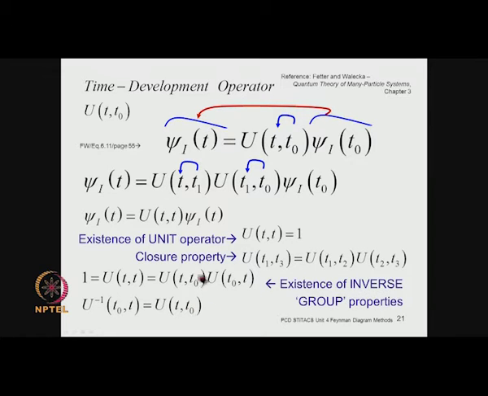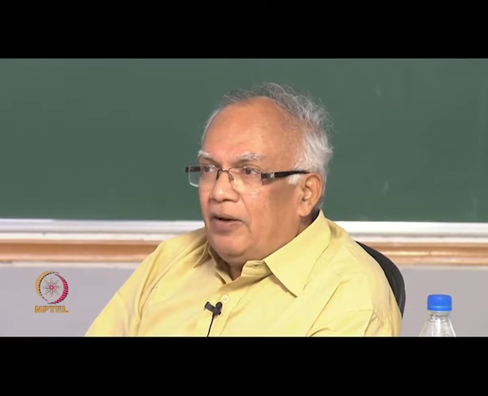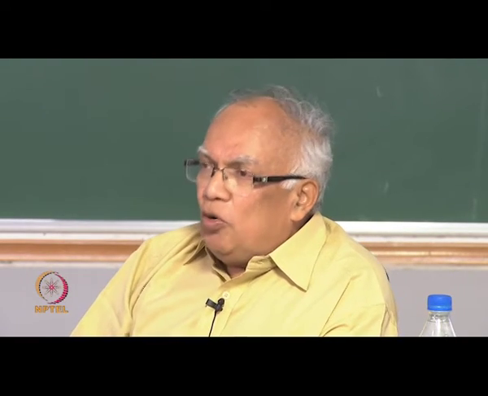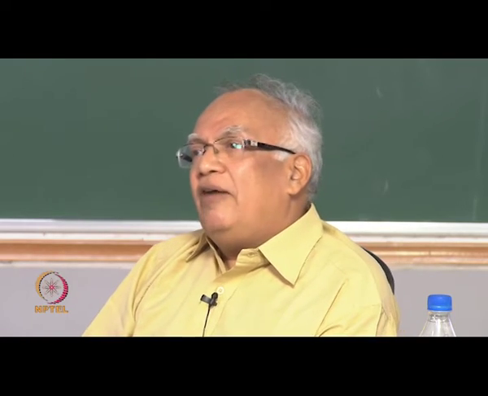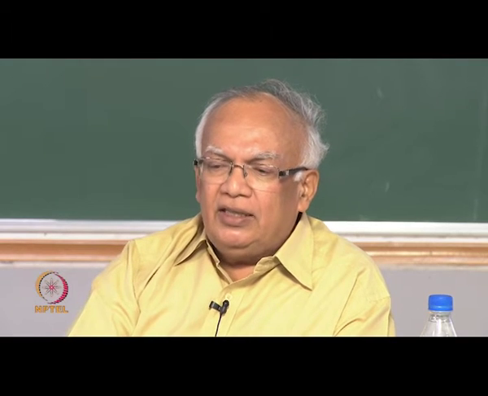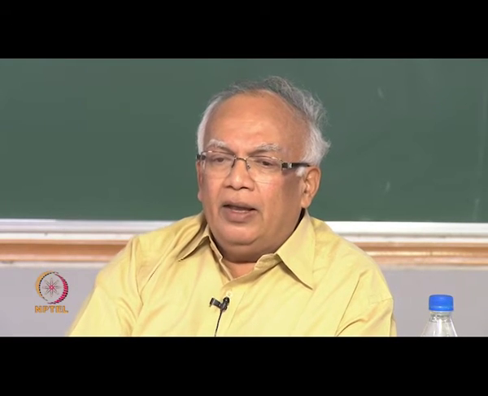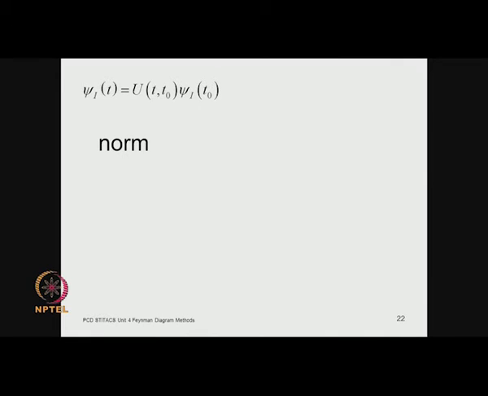Essentially, if you look at these properties, you find that the inverse exists, there is a closure property, the unit operator exists, and these are the properties of operators which constitute a group. Because you have the closure, the existence of the unit operator, and you also have the inverse, these time evolution operators constitute a group. So, this is the unitary transformation.